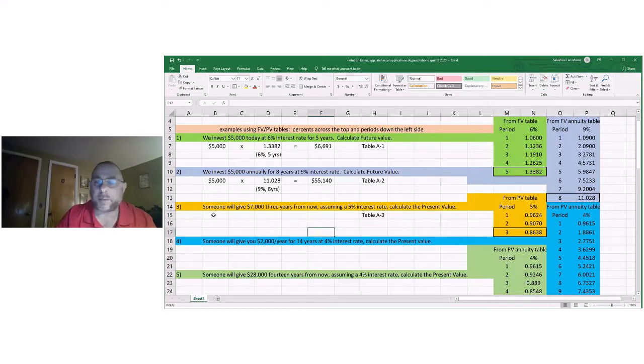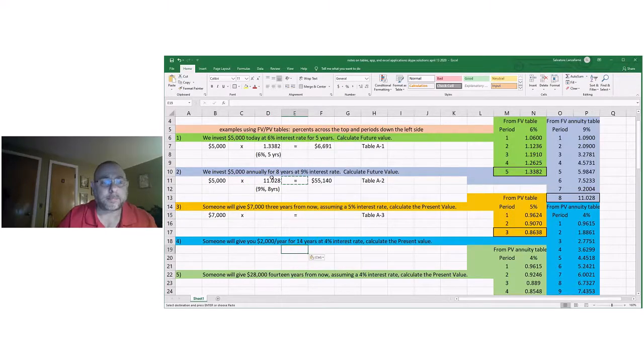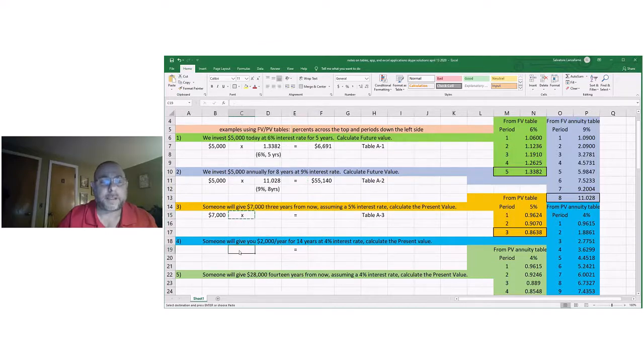And in table A3, I'm going to take this $7,000 and I'm going to be multiplying it... So we're going to take this 7,000 and multiply it by whatever 3 periods at 5% is.